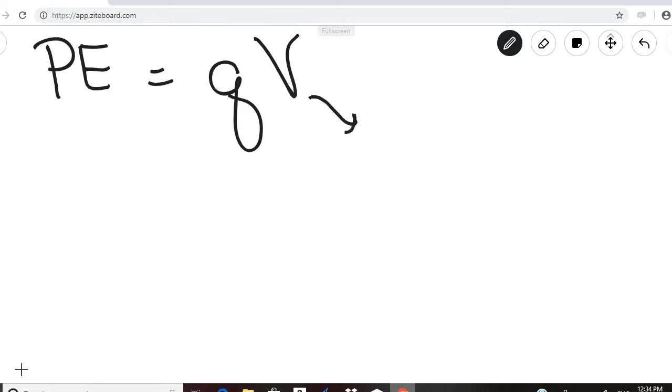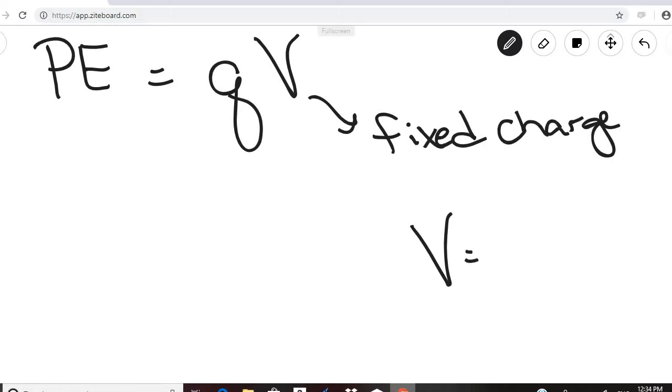Remember, this electric potential accounts for the fixed or stationary charge, because V was equal to K times Q divided by R. So with calculating the electric potential, we are accounting for the fixed charge, and then this will be the other charge.